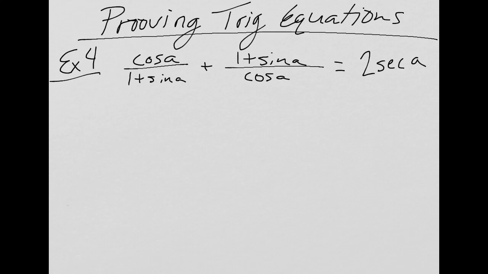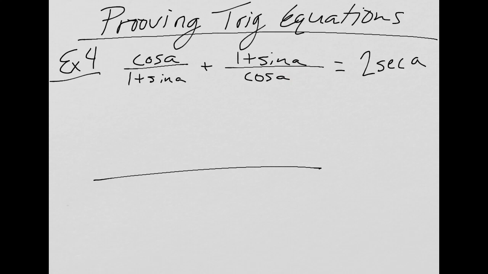Anytime you've got fractions being added, more than likely you're going to have to find some sort of common denominator before it's over with. We can always find a common denominator by multiplying the denominator of the left fraction and the denominator of the right fraction. Or if there are 3 fractions, we could multiply all 3 denominators together.